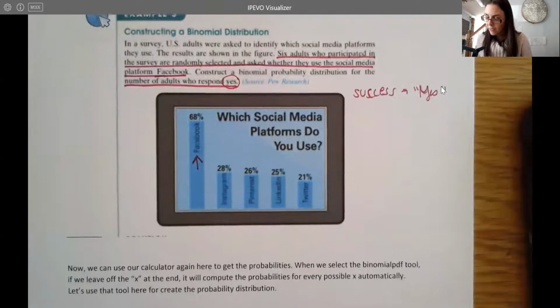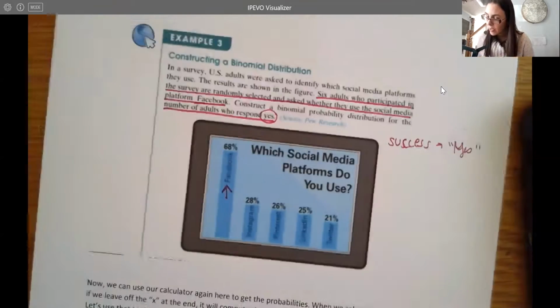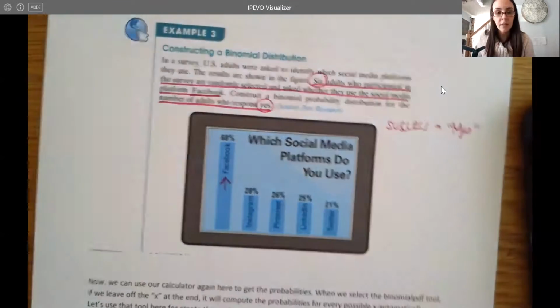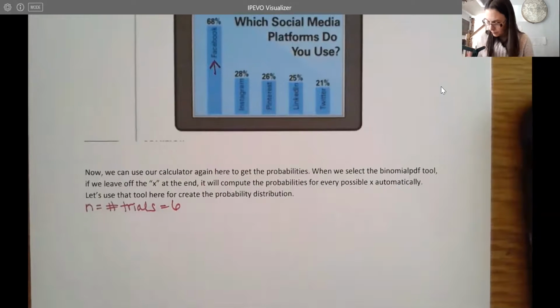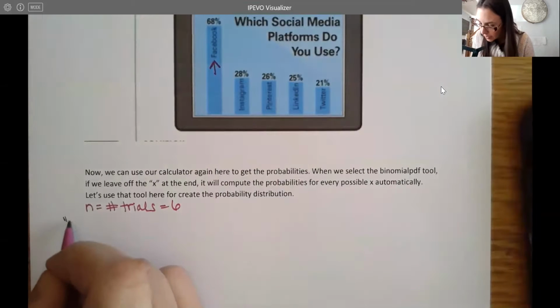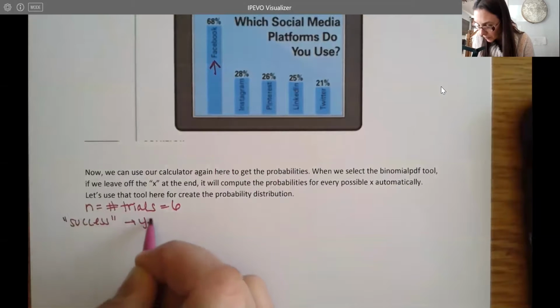All right, so the first thing I want to think about here is N, my number of trials. Now, again, we're focusing on just 6 adults here. So my N is going to be 6. We're considering success to be a yes answer.